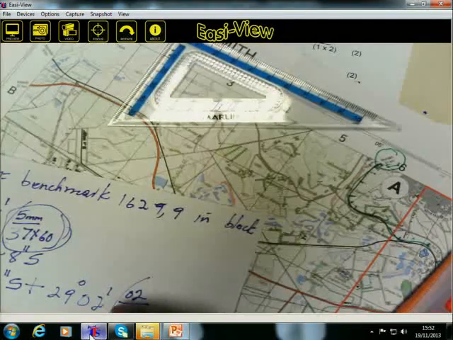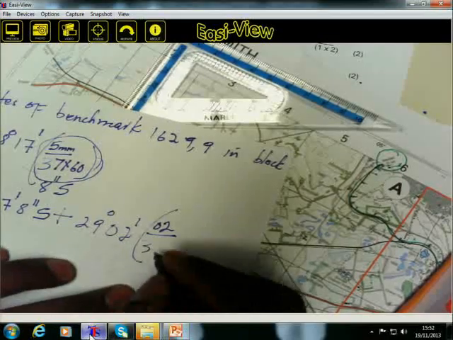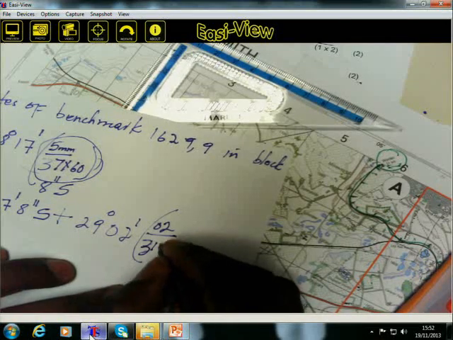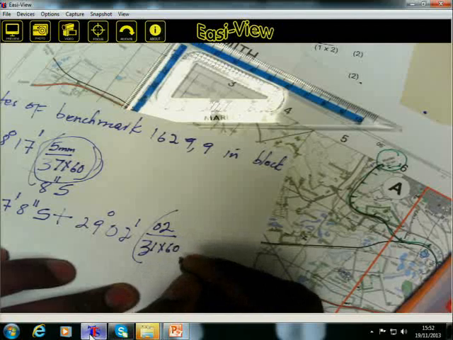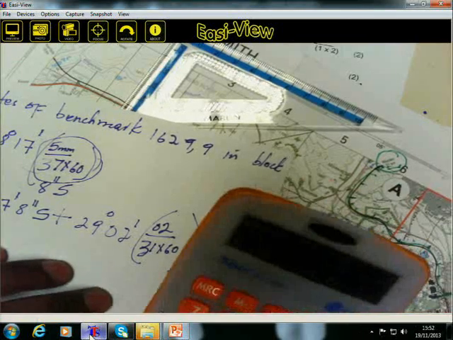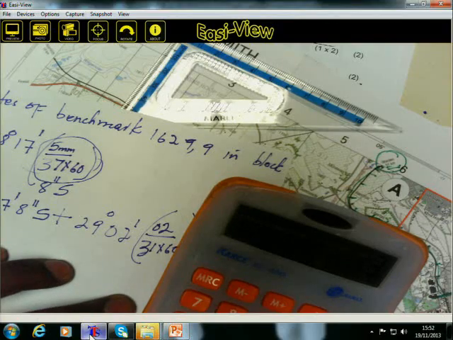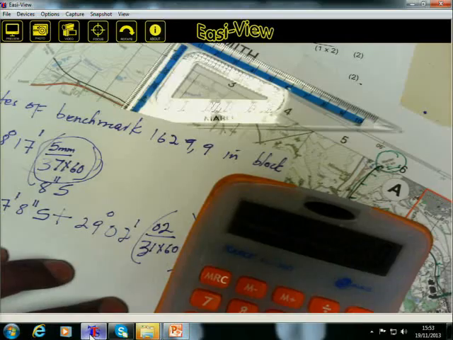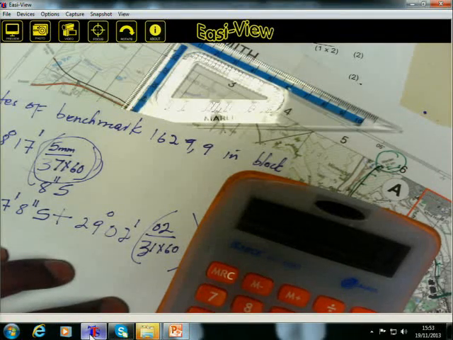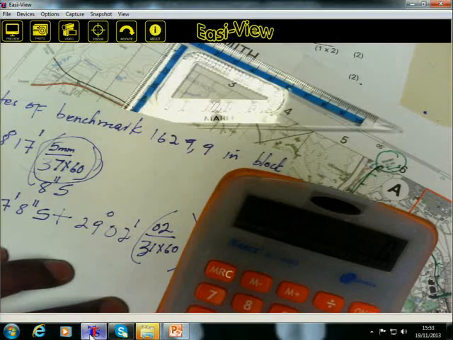Then 2 over 31, multiply again by 60. Use the same formula: 2 divide by 31 multiply by 60.